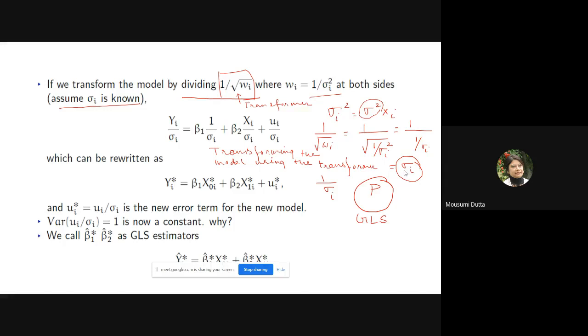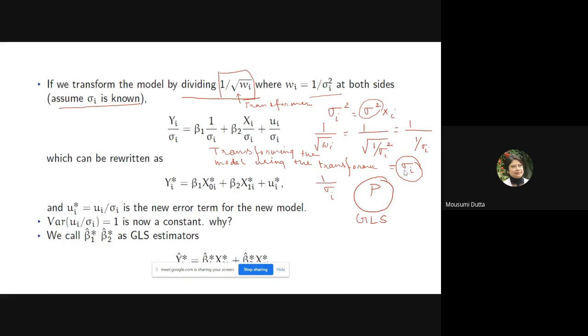So the transformed model is becoming yi star is equal to beta 1, I am calling 1 upon sigma i x naught i star, plus beta 2 x 1 i star plus ui star, where ui star is equal to ui by sigma i is the new error term in the new model. Now variance of ui by sigma i is equal to 1.